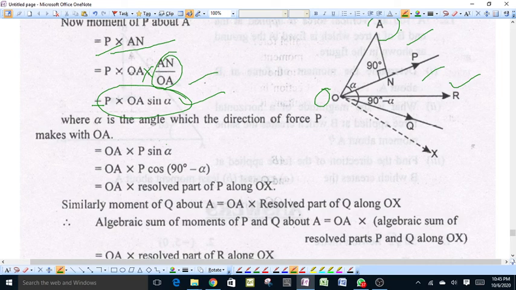This can be written as OA into P sin alpha, and this P sin alpha can be written as OA into P cos(90 minus alpha), because cos(90 minus alpha) is equal to sin alpha.